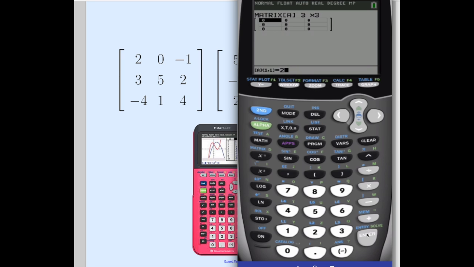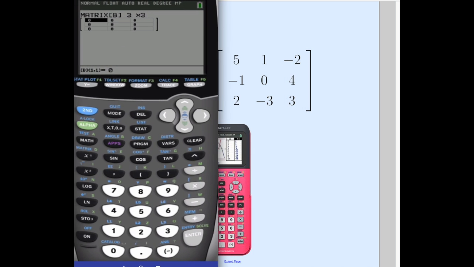We have 2, 0, -1, 3, 5, 2, -4, 1, 4. Now we go back to matrix because we have a second one. I'm going to put that one in matrix B. Here, edit. It's also 3 by 3.